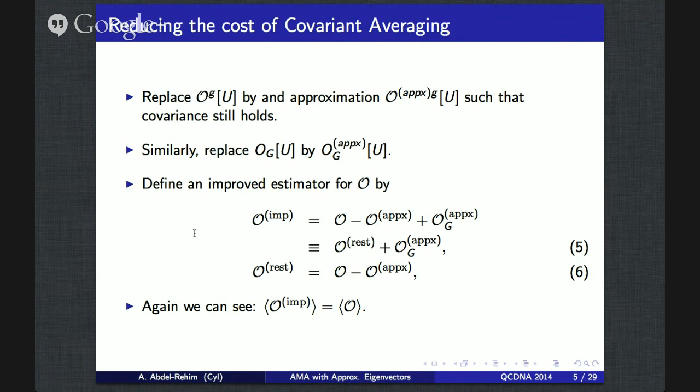Similarly, O sub capital G is just the summation over all these little g's, all the elements, so basically we replace this summation by the approximate as well. From here, we define an improved estimator. This is our improved estimator, which is basically your correlation function that you started with, minus the approximate one.